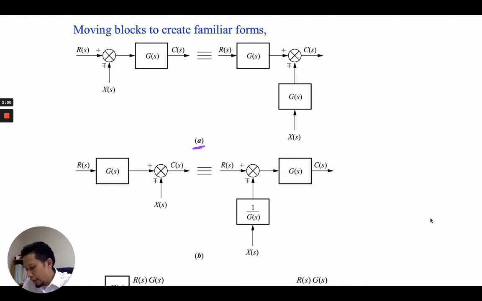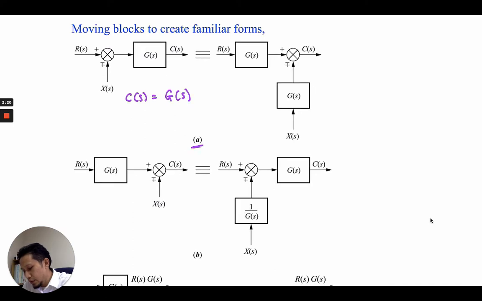So we can try to write the equation for C(s). The output C(s) is a combination of G(s), with input R(s) coming from the input, and then we have another one, X(s).